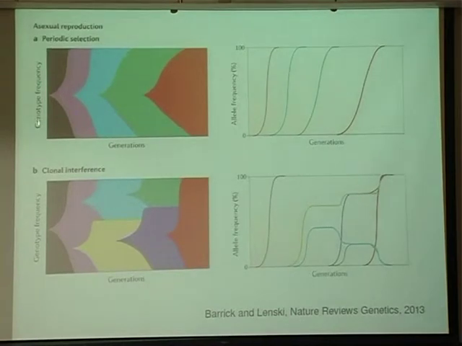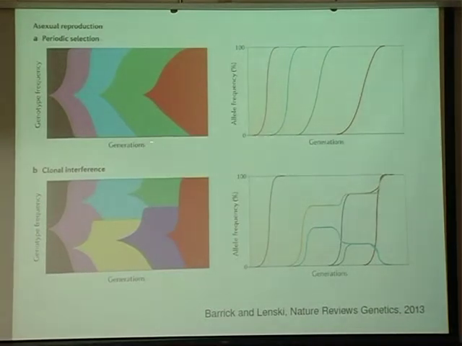Here we have genotype frequency versus time. And you can see that at some time, some beneficial purple genotype arose and fixed in the population. This is a selective sweep. And then after purple has fixed, a blue one arose. And you see successive sweeps, one after another.